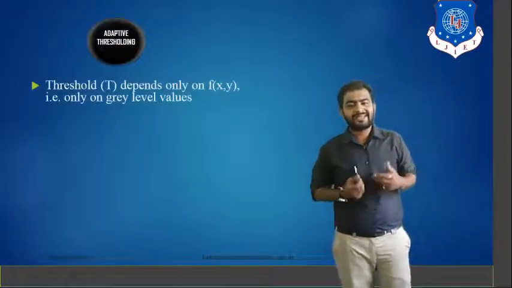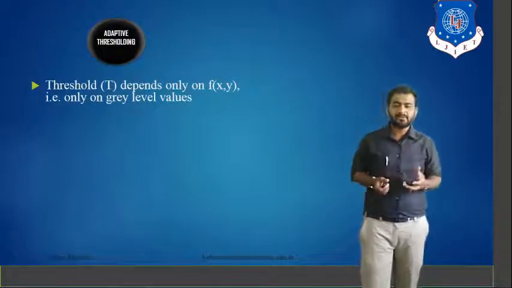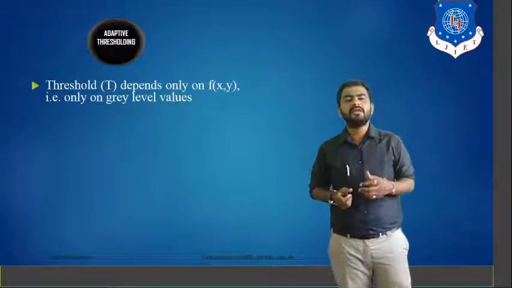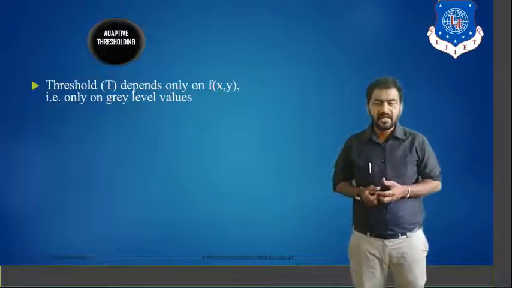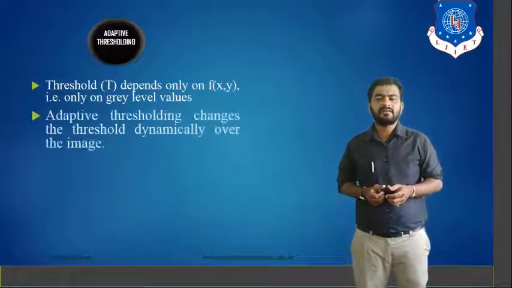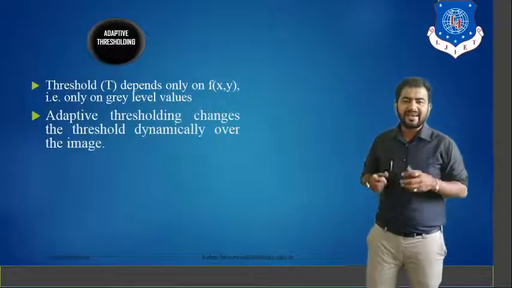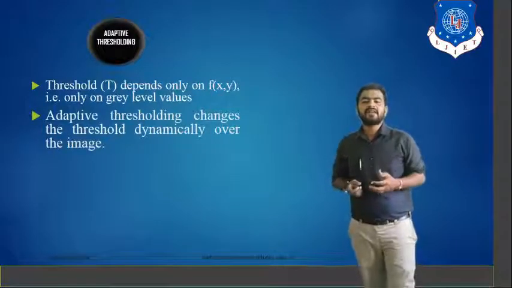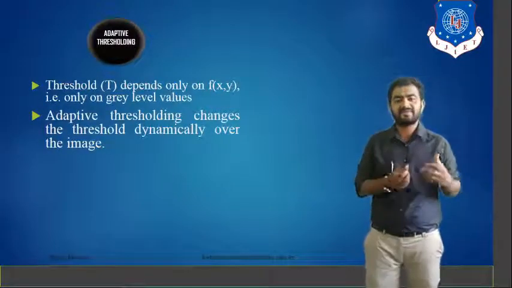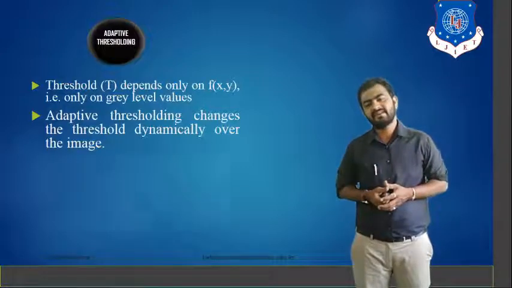Next we're talking about adaptive thresholding. In adaptive thresholding, the threshold T depends only on f of x comma y. It means only on the gray level value. So adaptive thresholding changes the threshold dynamically over the image, or over the image intensity value.